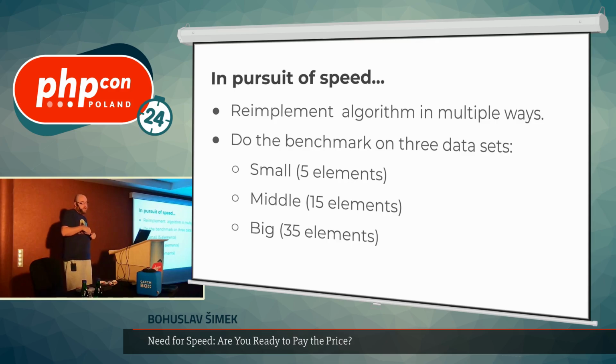Okay, so I actually tried to re-implement this algorithm in multiple ways. I did a benchmark on 3 datasets. I call them small, middle, and big, but in reality, all of them are kind of small. And I was using that cosine similarity algorithm on two arrays.